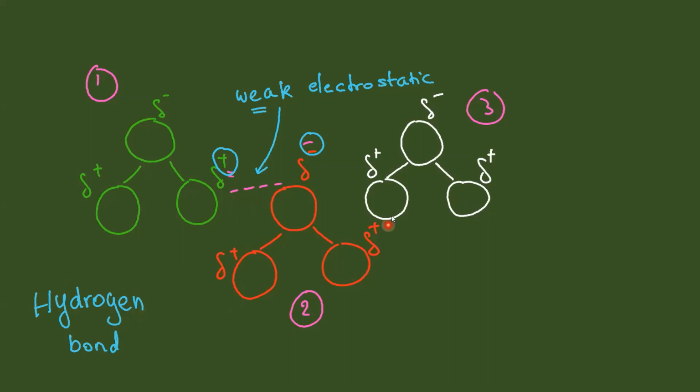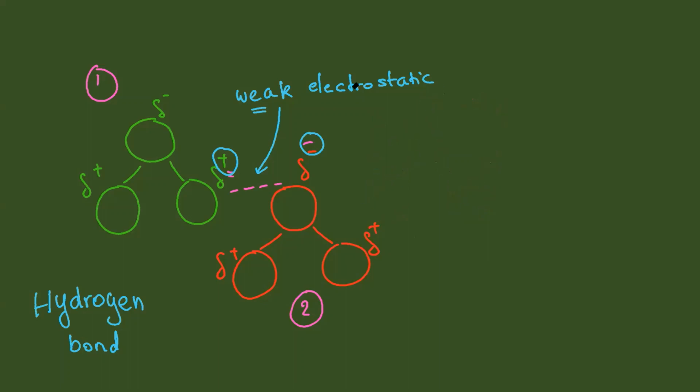But what about these two water molecules? I have here water number 2, and we have here slightly positive hydrogen, and here, no, I must not do it like this. I must draw this molecule a bit lower down, because I will not be able to put the bonds.